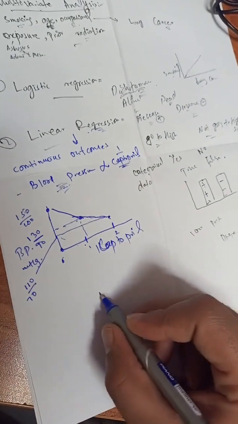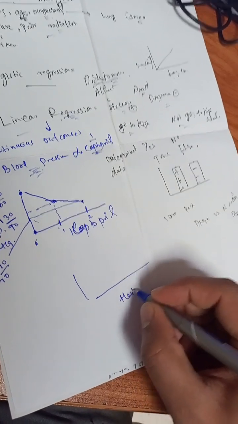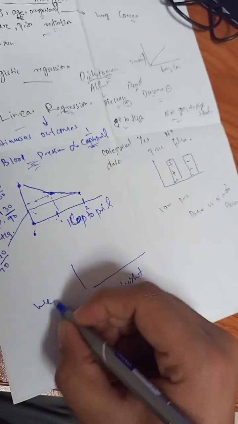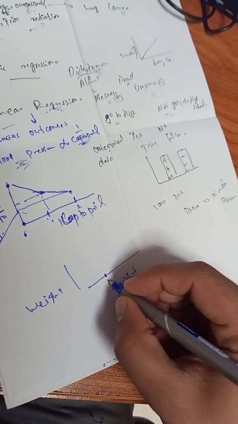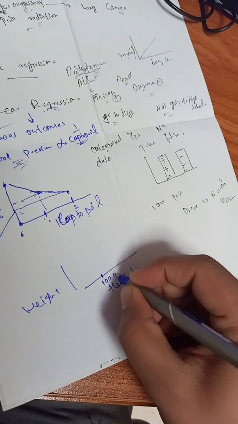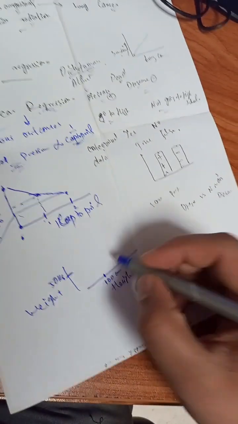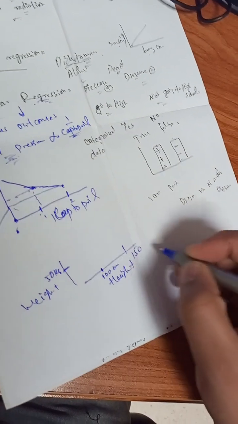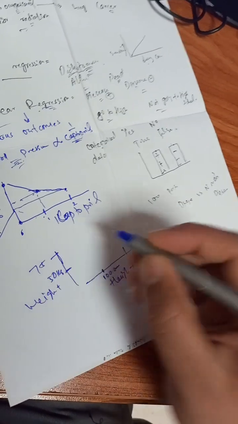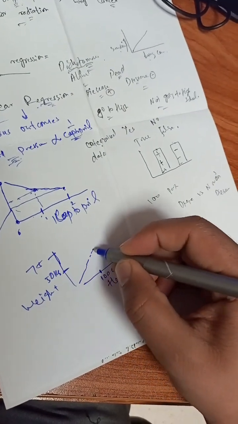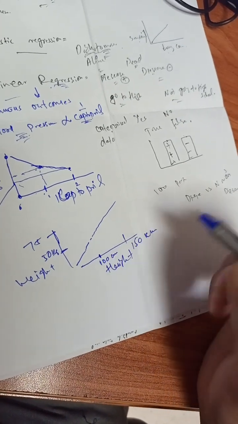Another example we can take is height versus weight in a person. As the person's height increases, like at 100 centimeters, the patient has 50 kilograms of weight, but once the person is 150 centimeters, the weight increases to 75.